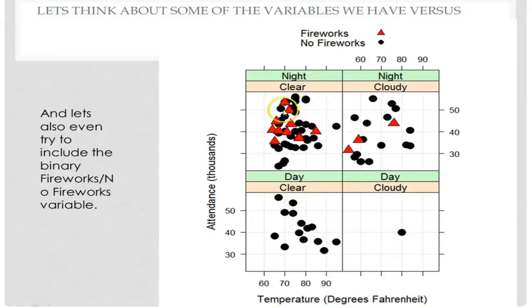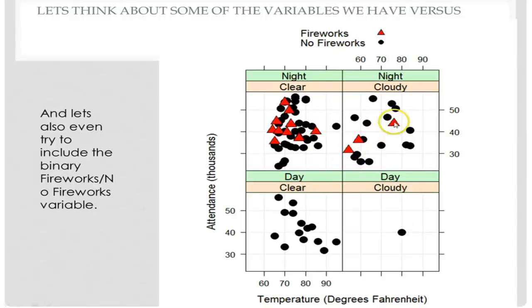That's not really true for night games, is it? Of course, it's not really true for night cloudy games or night clear games. And here there's no pattern because there's only one dot, so we can't see a pattern there. Everyone agree with that? Anything else you can see here?